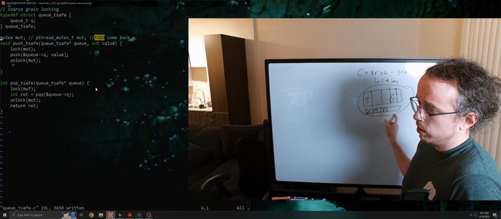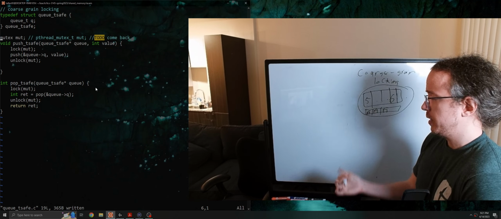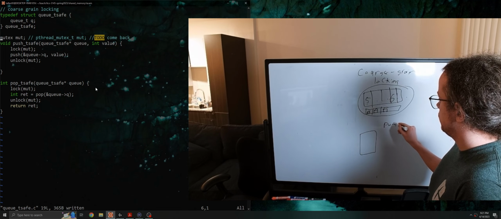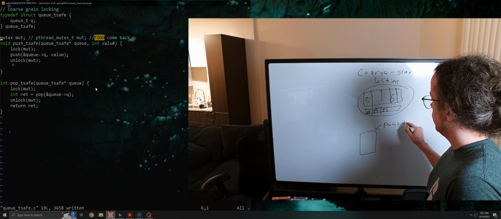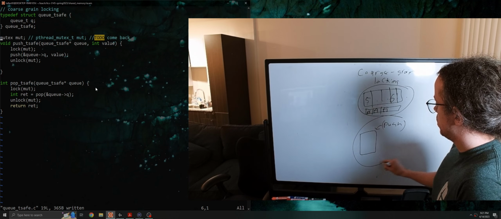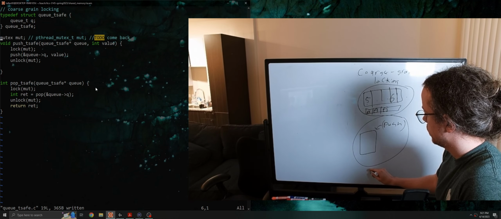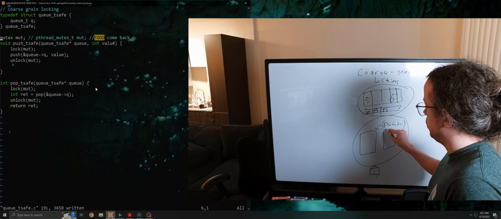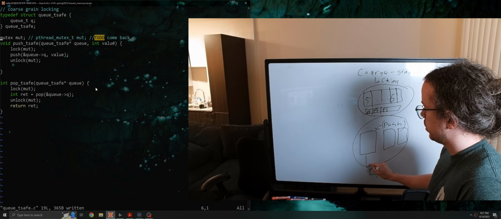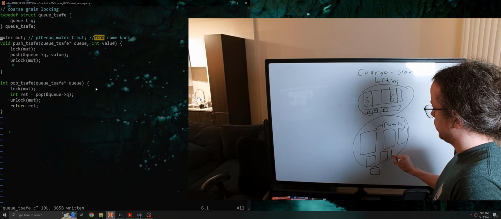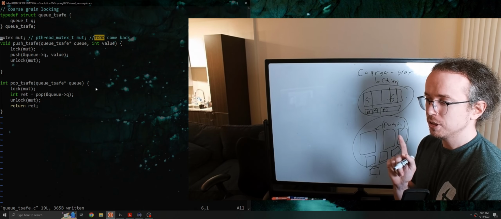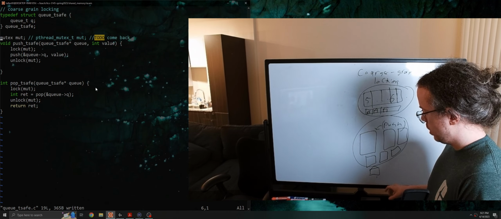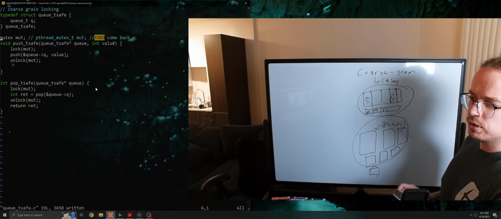Instead of protecting one data structure, you're saying if this is my queue and I want to push onto it, I'm going to lock this. But also, I'm going to lock every other queue in existence because we all share a lock. So if you have 500 queues, you can only access one queue at a time. No other thread can access a totally different queue, which doesn't help us too much.